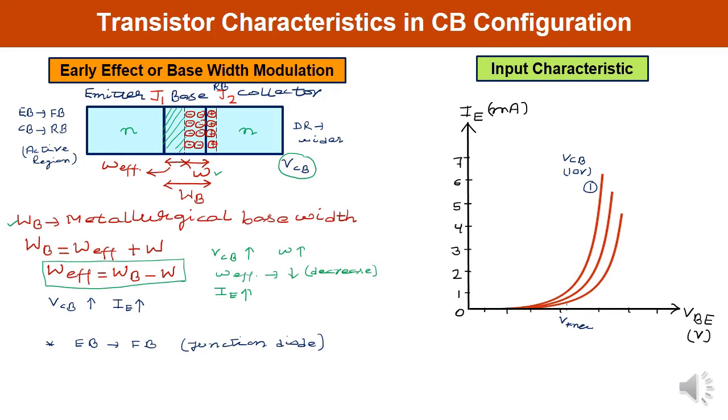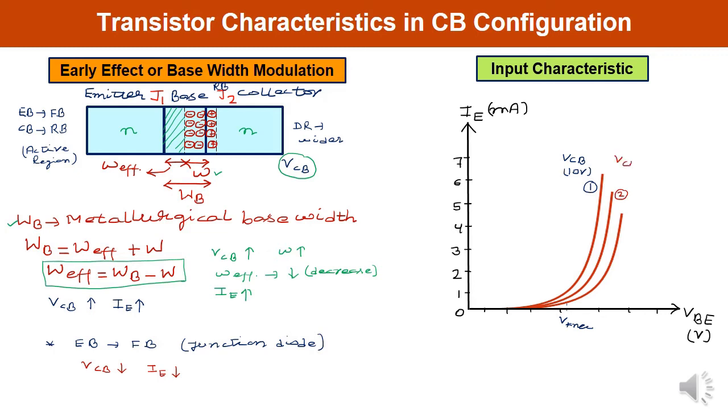Now, as you have understood, if you increase the value of VCB, IE will increase. Vice versa, if we decrease the value of VCB, IE will decrease.